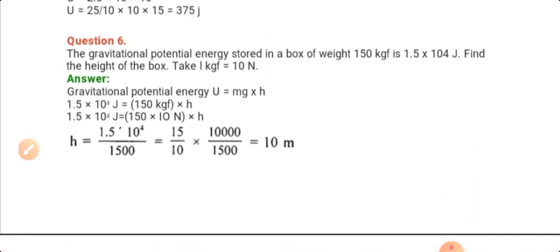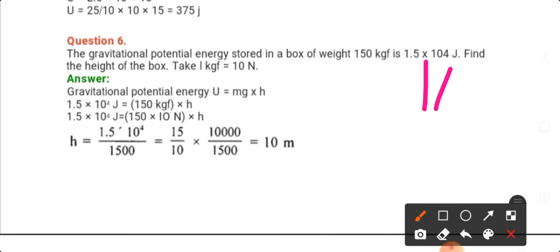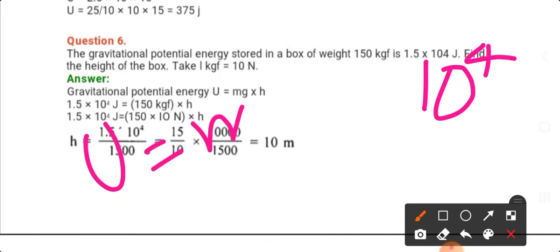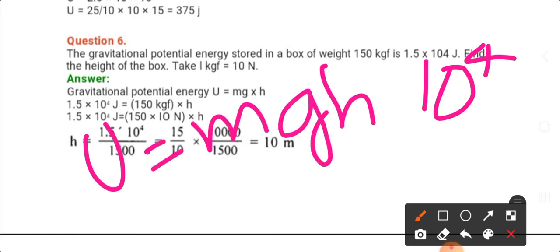Now when you come to question number 6, the gravitational potential energy stored in a box of 150 kilogram force is 1.5 into 10 raised to 4. This is not 104; you can see the textbook, it is 10 raised to 4 joule. Find the height of the box. Now what is given? You have the equation U is equal to mgh.